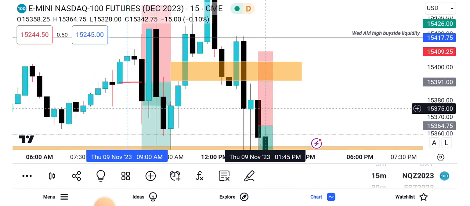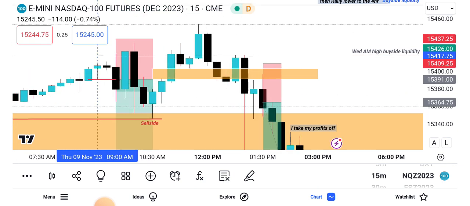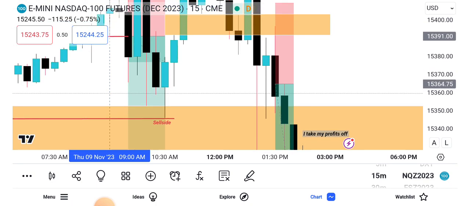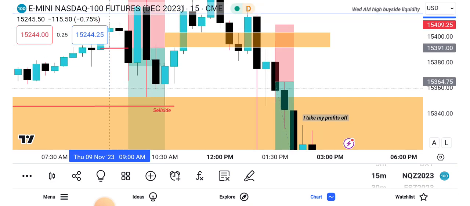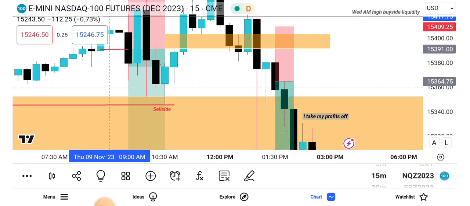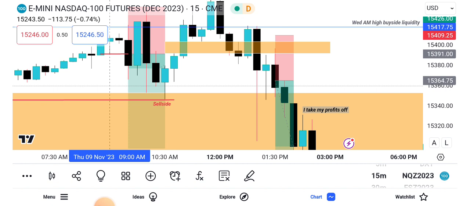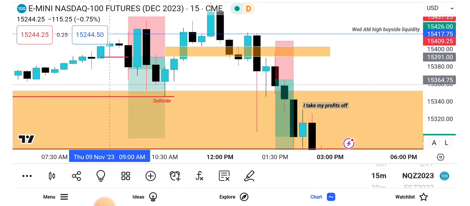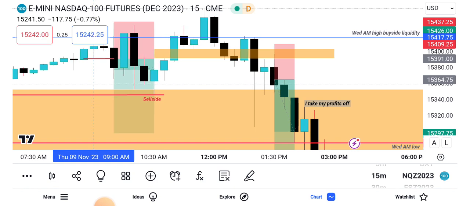So you can drop down after you confirm this from the higher time frame. That's why it's really necessary as a trader to have different charting, different monitors with different time frames, so that you can observe and confirm.